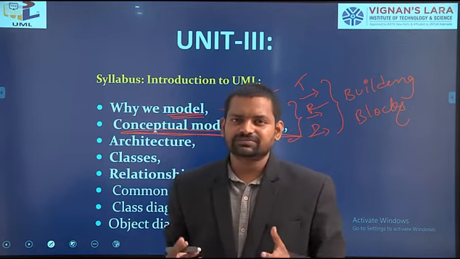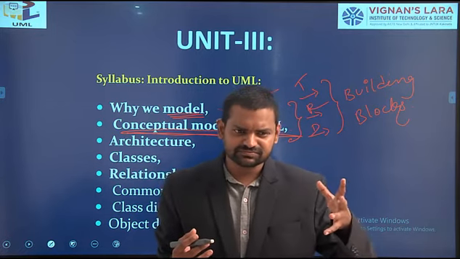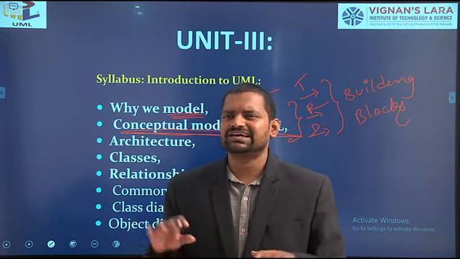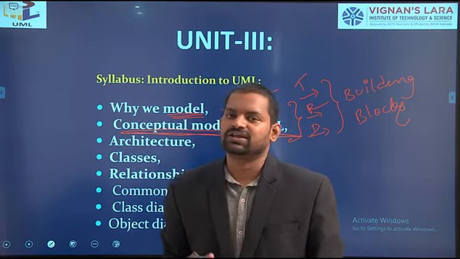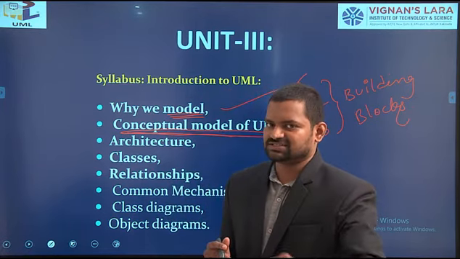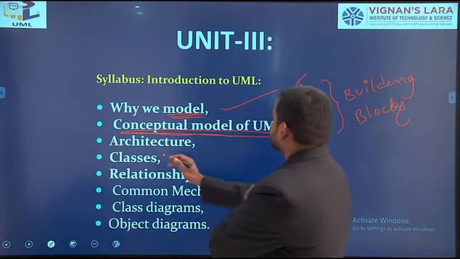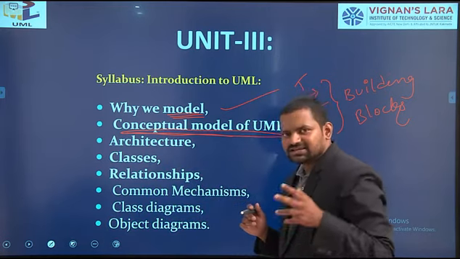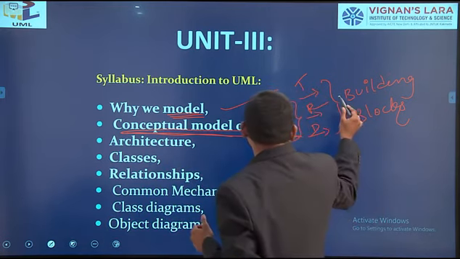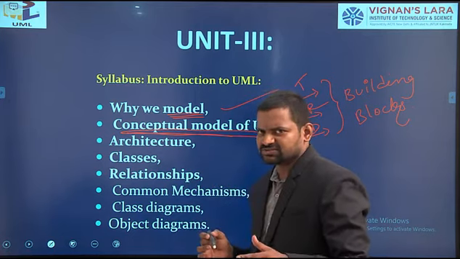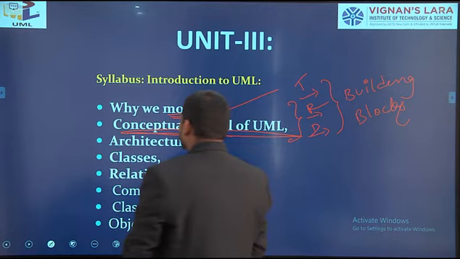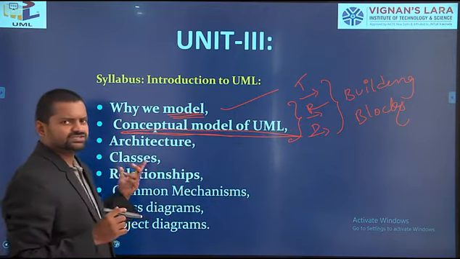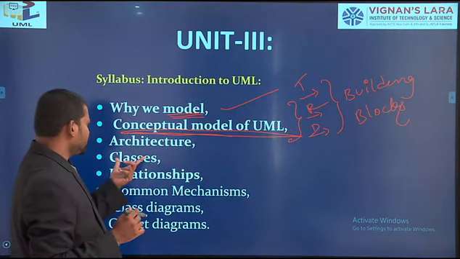If the real system has some documentation, that document in a simplified manner is the model. Blueprints of the system are the model. So your Unit 3 includes building blocks, things, relationships, and diagrams, and also architecture.